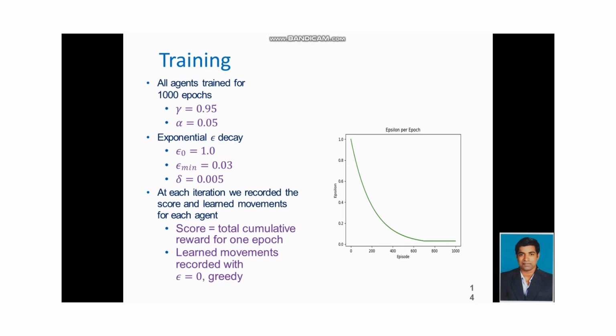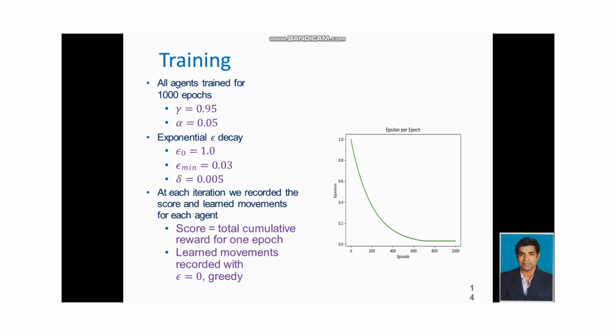Training. All agents are trained for 1000 epochs. Gamma equals 0.95 and alpha is 0.05. Exponential epsilon decay: epsilon naught equals 1.0, epsilon min 0.03, and delta equals 0.005. At each iteration, we recorded the score and learned movements for each agent.